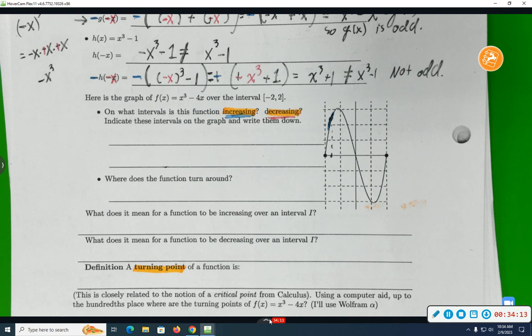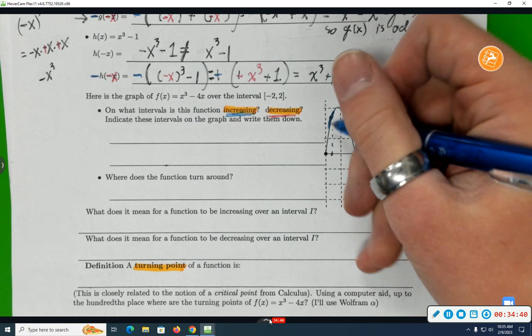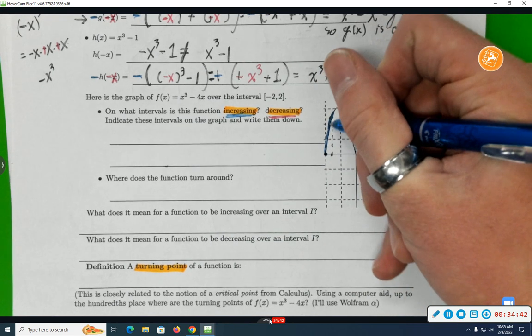Now let's figure out how far to the left or right you can go and still have it be increasing. How far to the left could I go and still call that function increasing? Back to negative 2. Over this whole interval, the function seems to be increasing.